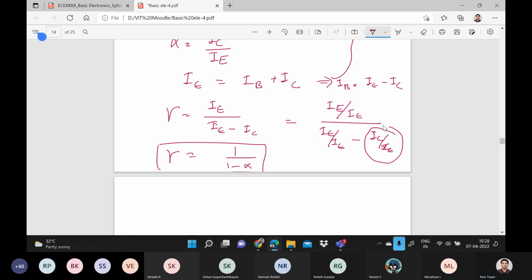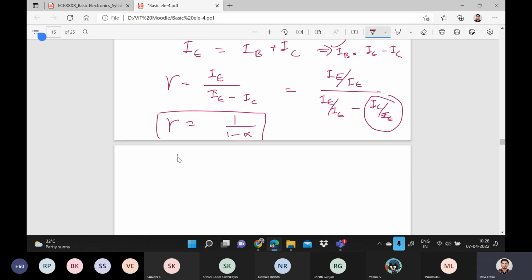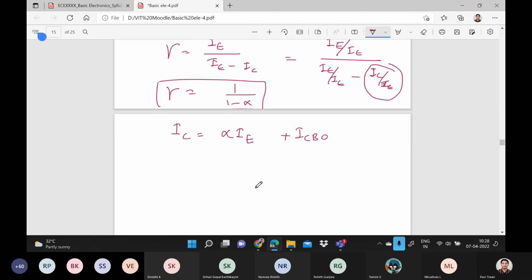Okay. Now the next thing is what? The collector current, as we know from the common base, is equal to IC equals alpha IE plus ICBO. Right? And IE is equal to IB plus IC. That also we know. So we are substituting the value of IC from here to here. So what will you get?